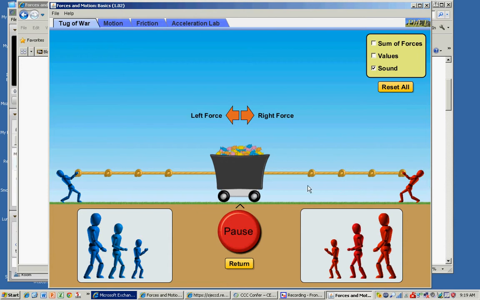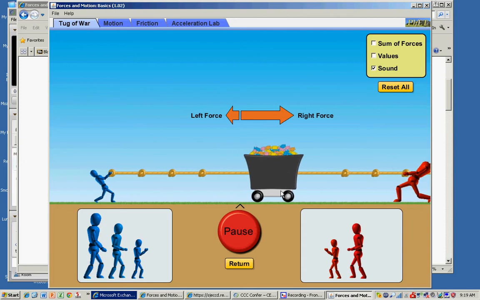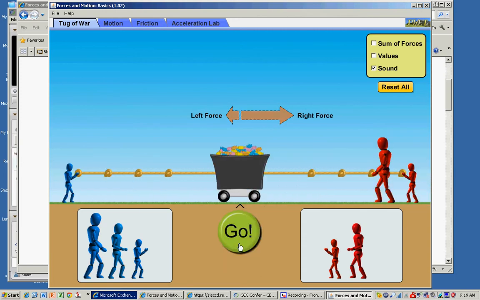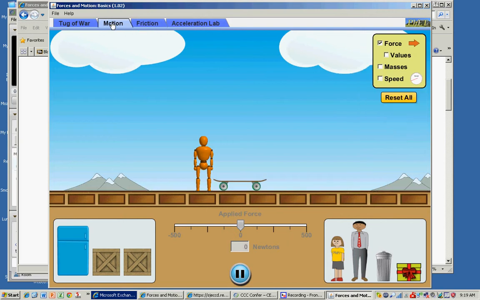So acceleration is 0, there is no motion. You can play around with frictions too. In fact, you can play around with motion.